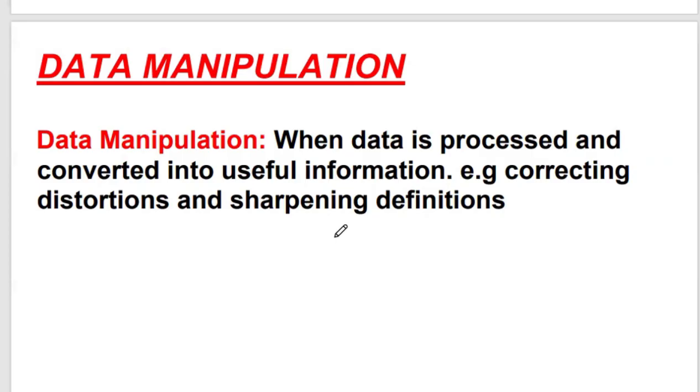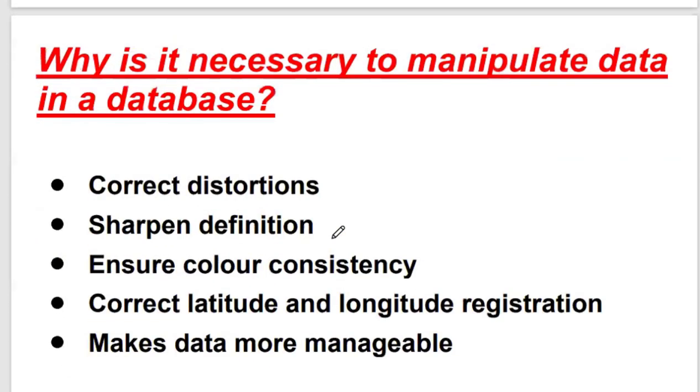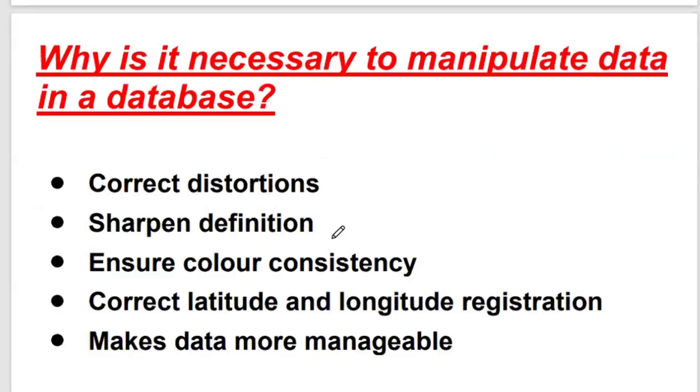That is manipulation. Then why is it necessary to manipulate data? To correct distortions, to sharpen definitions, to ensure color consistency, to correct latitude and longitude registrations, makes data more manageable. I think manipulation is very important.